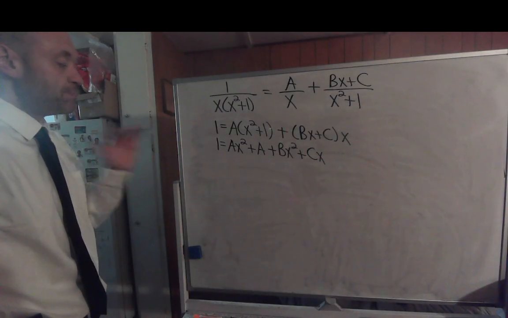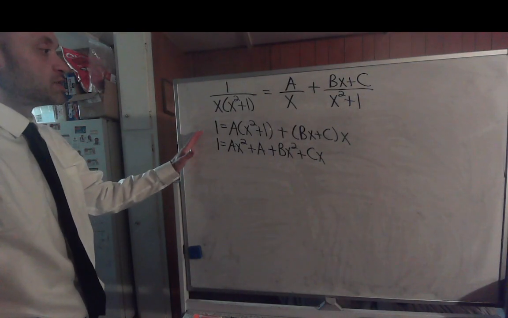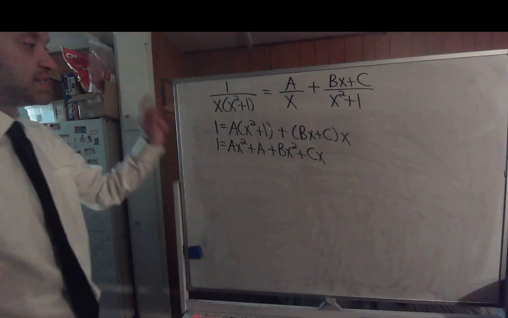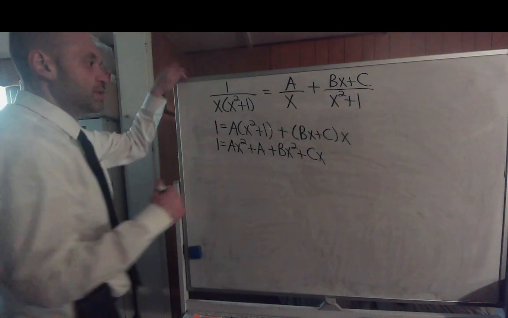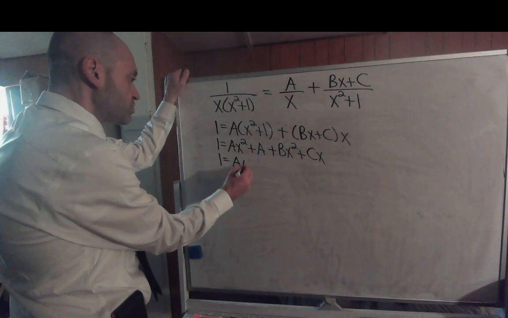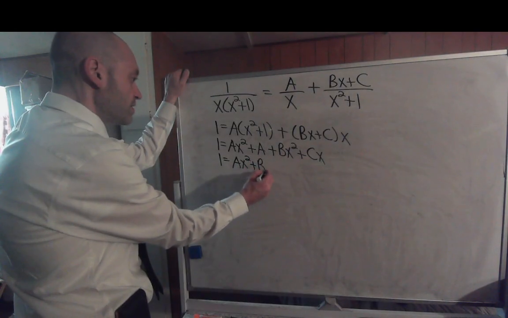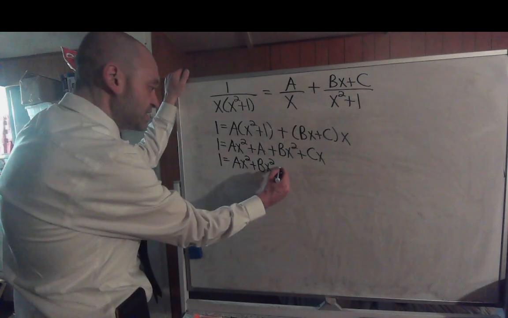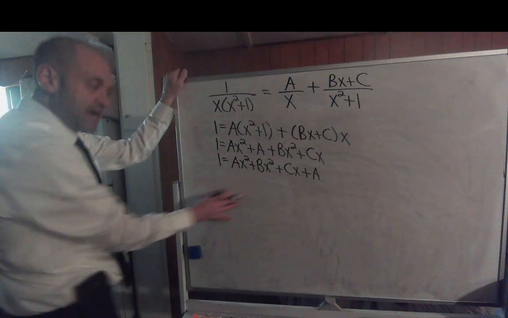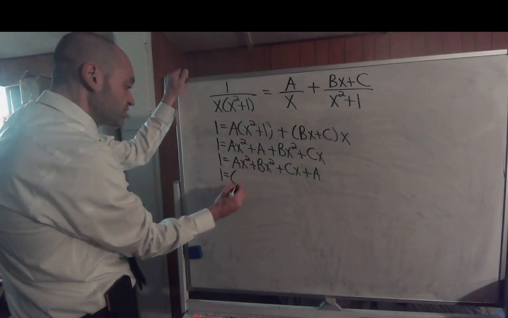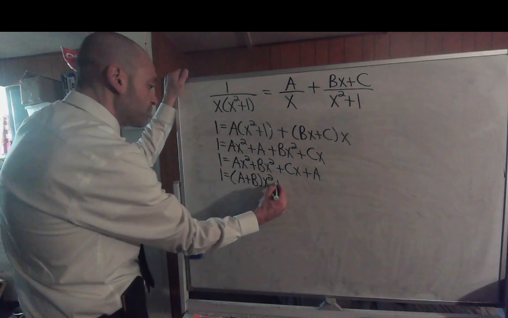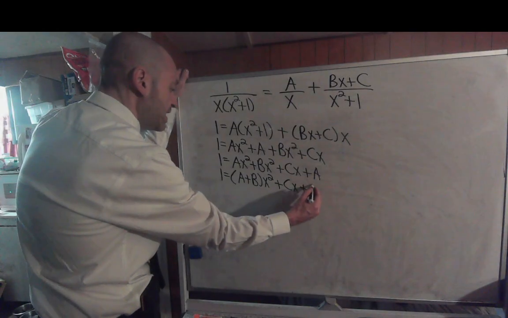Well, okay. So let's go ahead and group everything together that we need to. So 1 would equal ax squared plus bx squared. Now you have plus a single cx, then you have plus an a. This should make factoring pretty easy. You'll have 1 equals the quantity of a plus b times that x squared plus cx plus a.